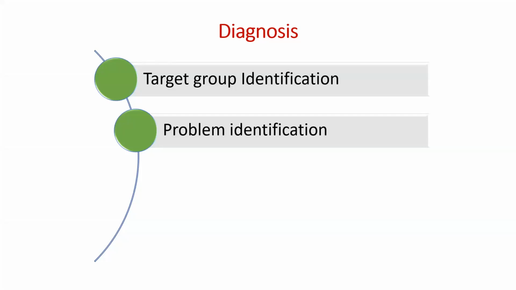Some of the part has already been done by your supervisor or funding agency. They know that this is your research area, and they are asking you to develop a research proposal for that. The first thing is target group identification.